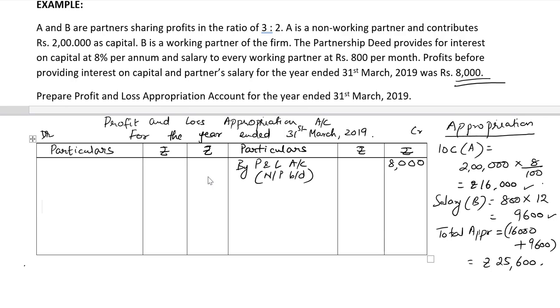Now the step 2, what we need to do is to get the ratio of the appropriation which has to be made. So 16,000 is to 9,600. Twenty is to 12.